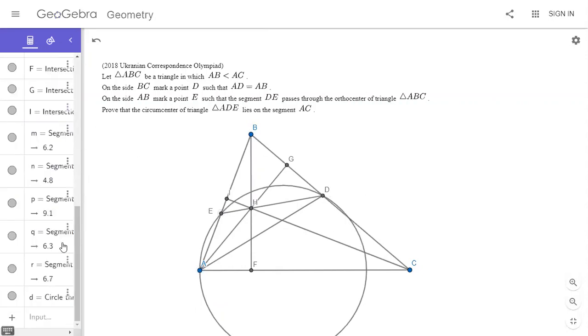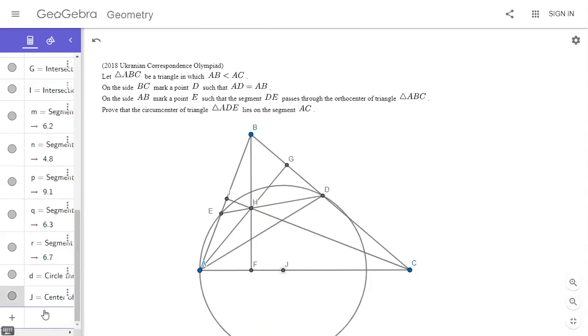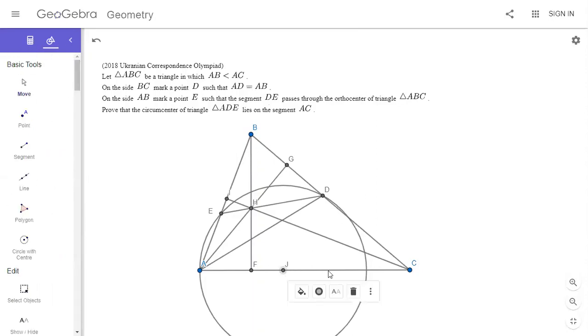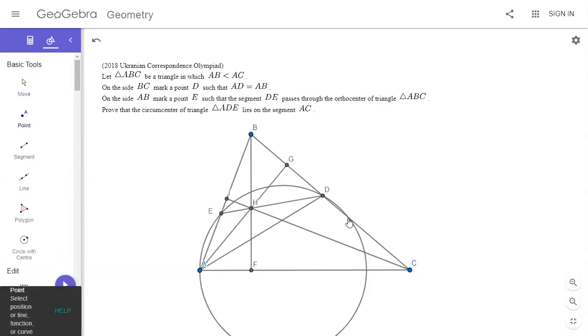And let's draw the center of it. Oops. It does indeed lie on AC. So how do we prove that? I'm going to delete it for now. I'm going to just draw this point for the heck of it.